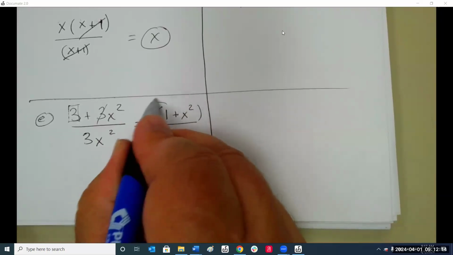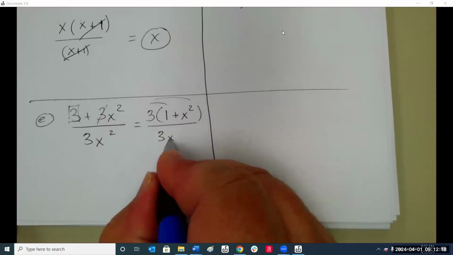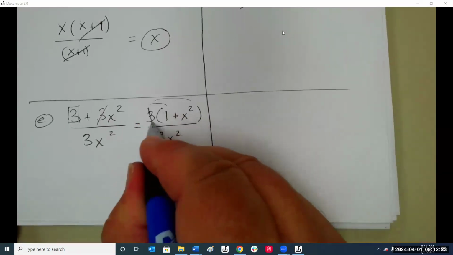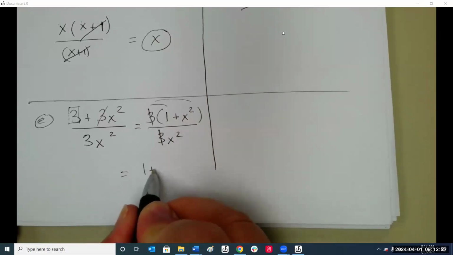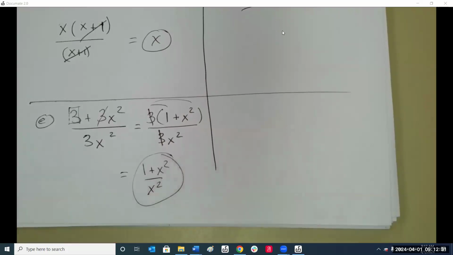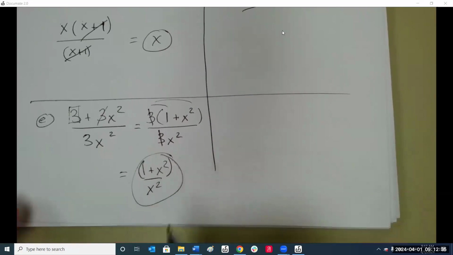Again, we have to be able to reverse the process to test it. Since these 3's are multiplied, I can cancel them. And there's my answer. Because this is addition, they have to stay together.